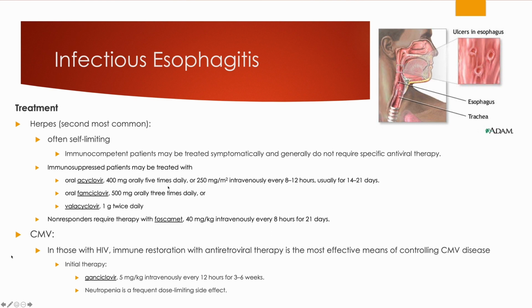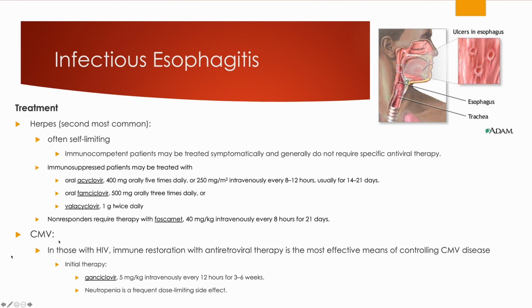It is the least expensive, although it is dosed 5 times a day. So if we're concerned that a patient is non-compliant or won't take the medication, we might choose to start with a different medication like one of these two, because you take them less often, although they are more expensive than acyclovir. We also have a second line, a backup for non-responders, which is foscarnet IV.